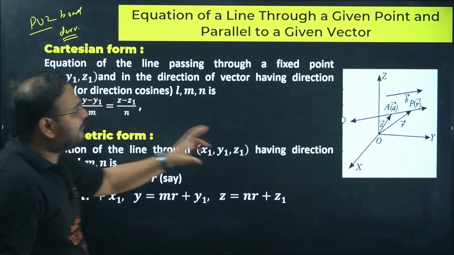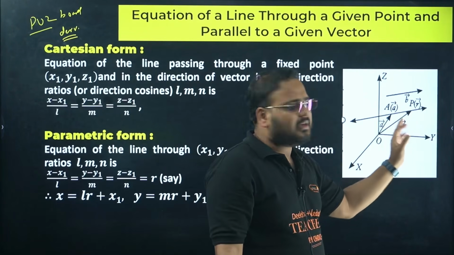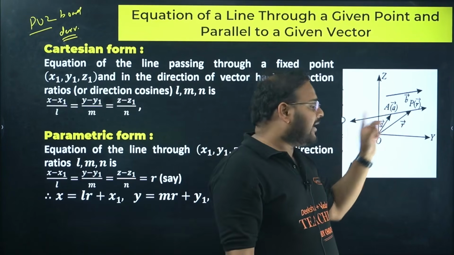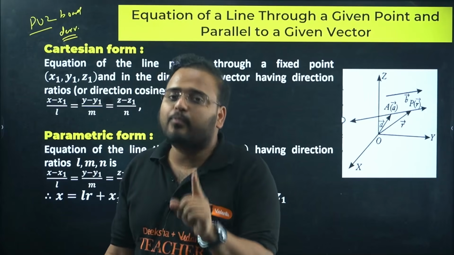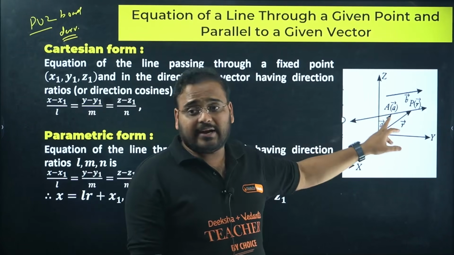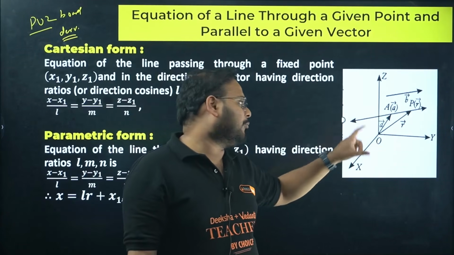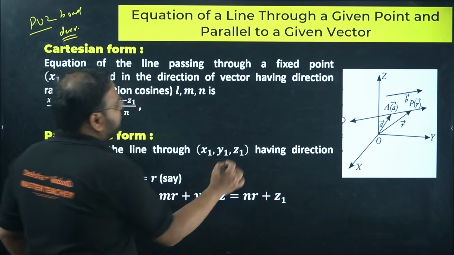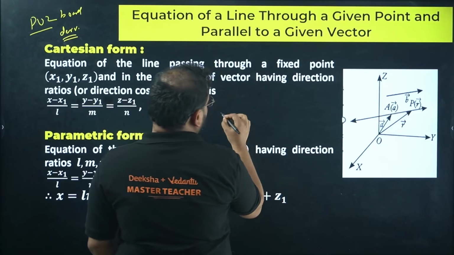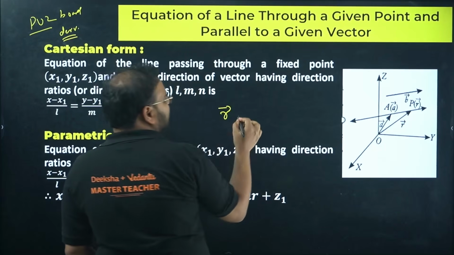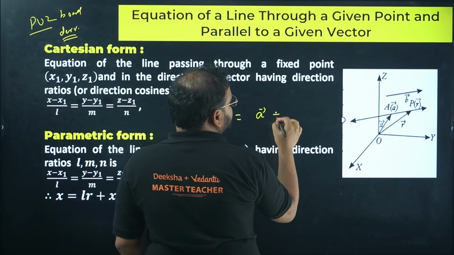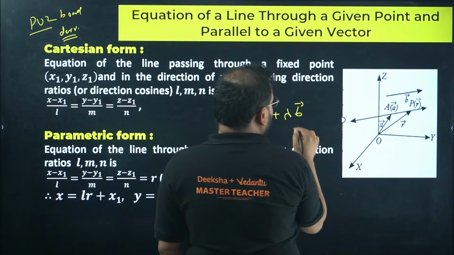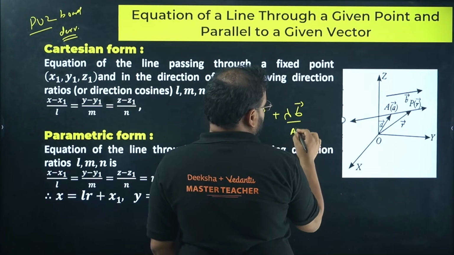So, the Cartesian form. Let's say you have a line through point A, parallel to the line B, so B is a known condition. Point A is a coordinate, and the position vector of point A is given as vector A. Then you can write this in vector form: the position vector of any arbitrary point P is given by vector A plus lambda vector B, because this is parallel to B. This is your vector AP actually.